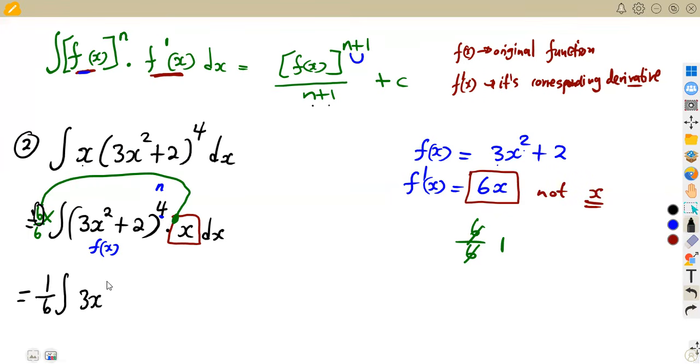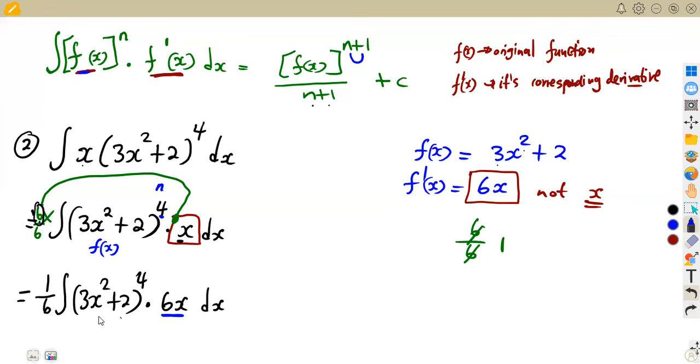So we have 1 over 6 into the integral of (3x squared plus 2) to the exponent of 4 times 6x. Now it makes sense because our f of x gives us the first derivative, which is 6x, and this is what we have.